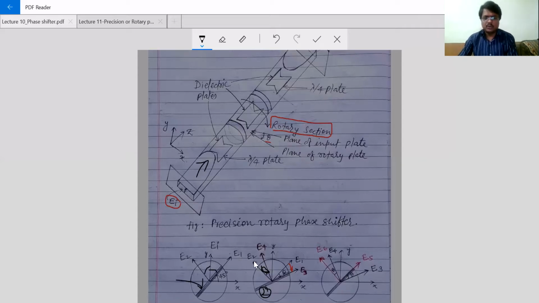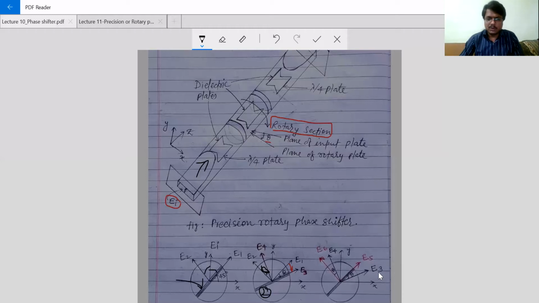So we know E3 and E4 here, and this third plate is in the direction of the input plane. The plane of the input plate and the plane of the output plate are the same, and the angle between the input plate and the second plate or rotary section is theta. This E3 is along the rotary section, so the angle between E3 and this plate will be theta. That is very simple.